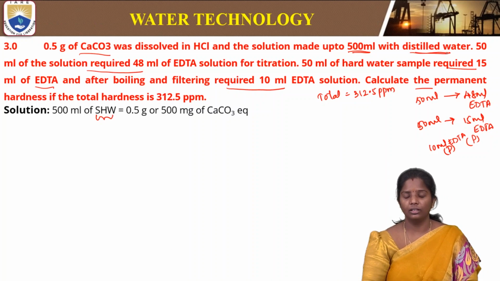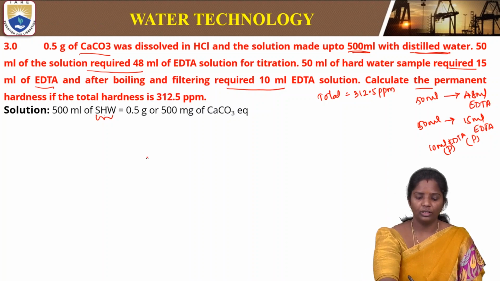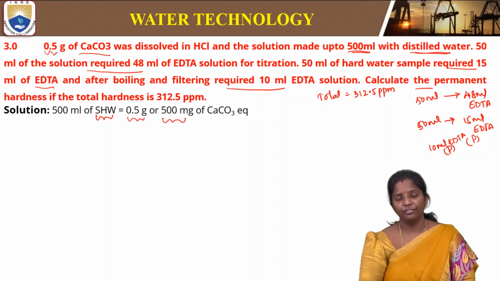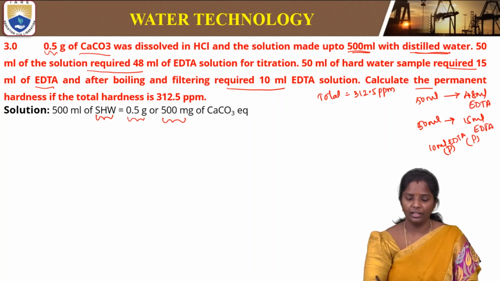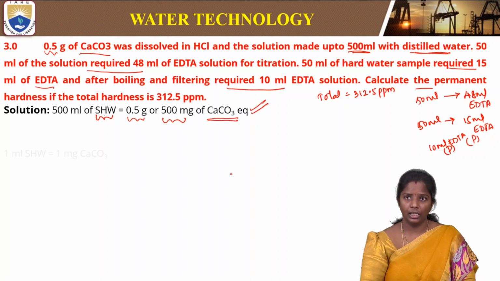We are intentionally preparing this standard hard water, which contains 0.5 grams, also written as 500 milligrams, of calcium carbonate equivalent. So now we have it in calcium carbonate equivalence.